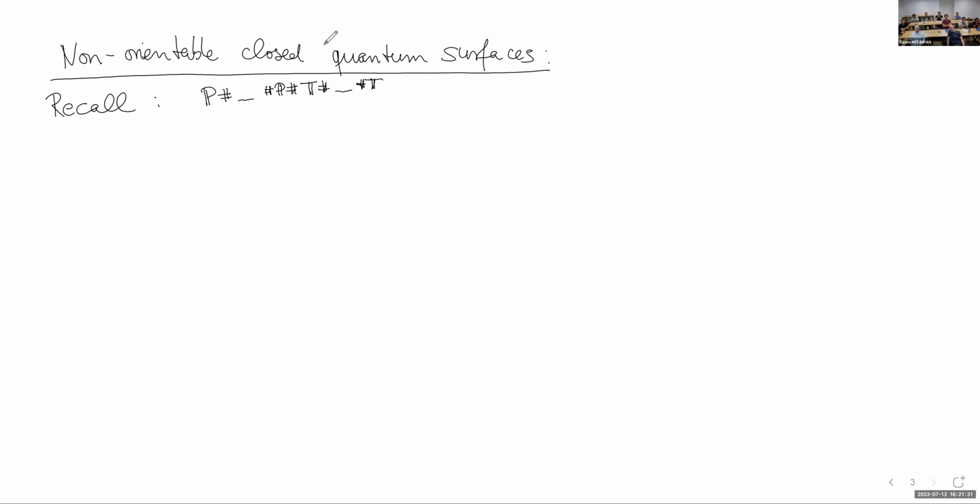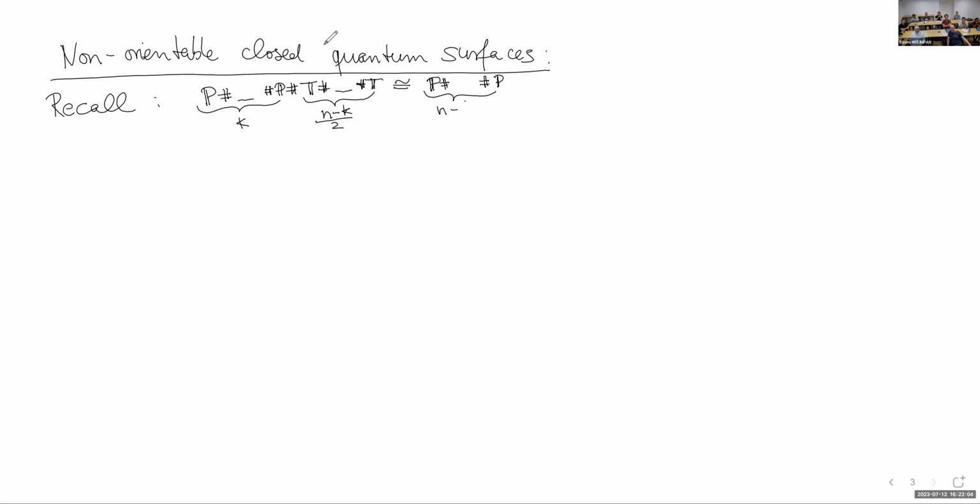So here, let's say I take K, and here I take N minus K, half. Then this is homeomorphic to P. So to keep this notation, it's N times the connected sum of projective spaces.